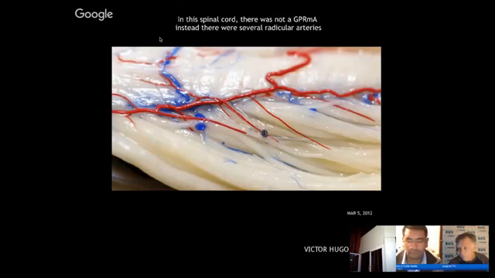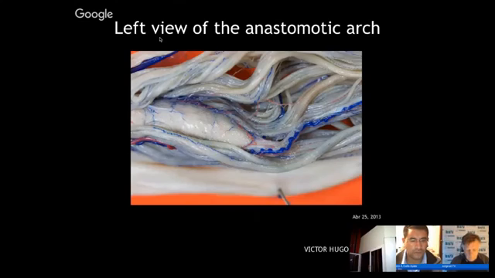In this spinal cord, there was not a great posterior radiculomedullary artery. Instead, there were several radicular arteries giving rise to a posterior spinal artery. Left view of the anastomotic arch.